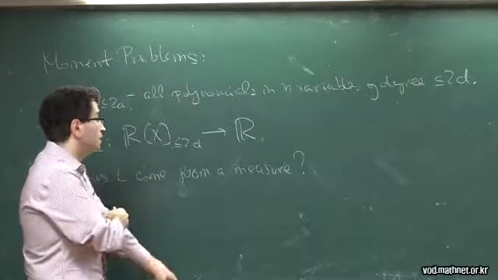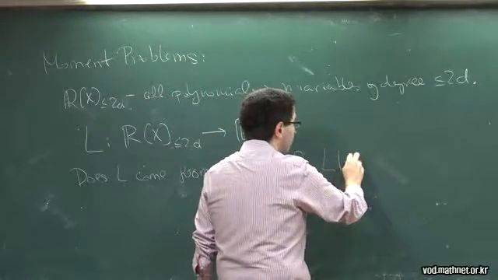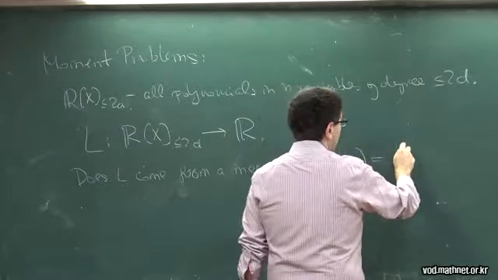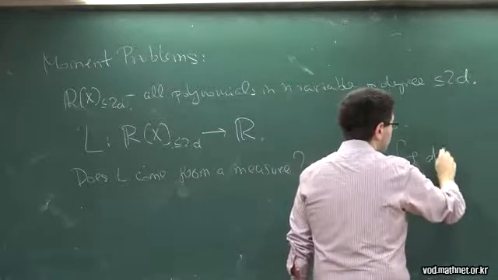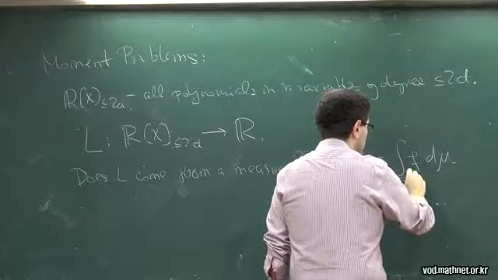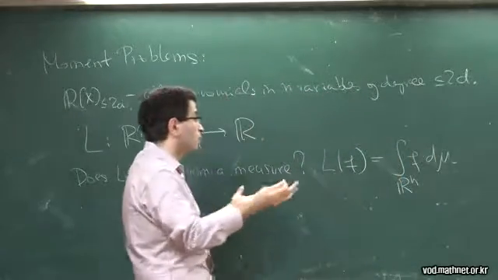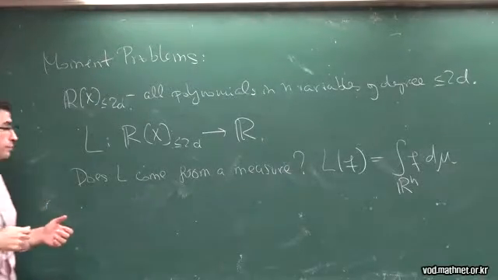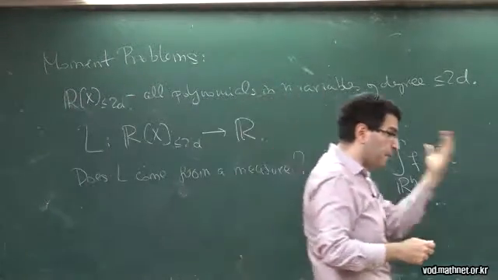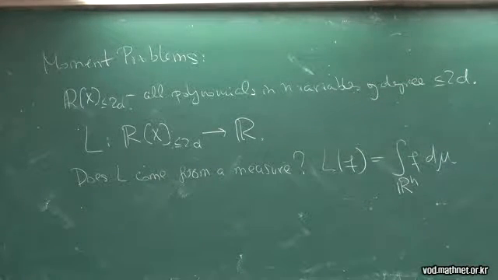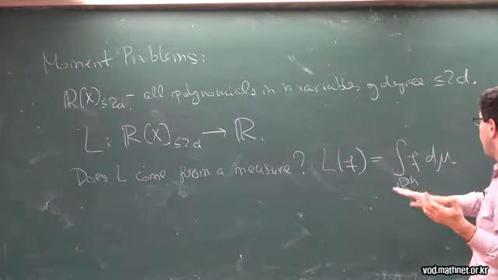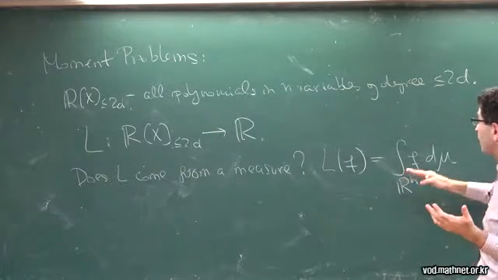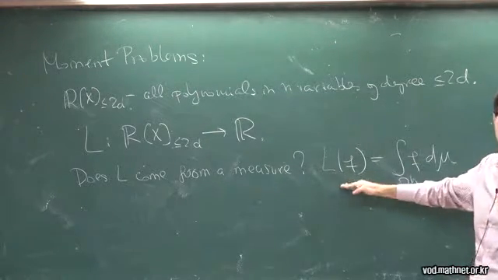What does this mean? This means, can I write L of f as the integral of f d mu, where mu is some Borel measure on R^n? So if I give you a linear functional, something that's linear, eats polynomials, and returns real numbers, you might want to know, is there an underlying measure that represents this linear functional?